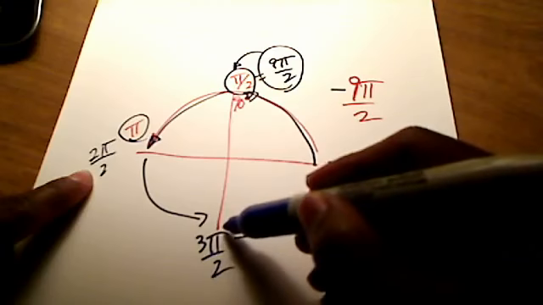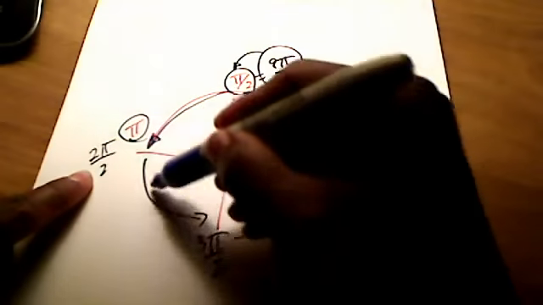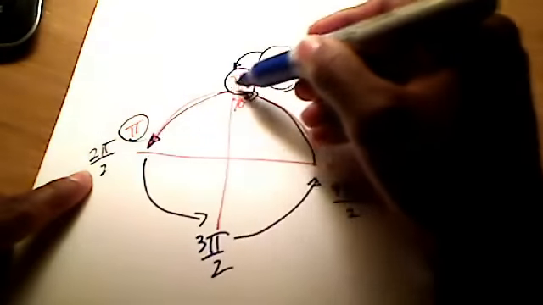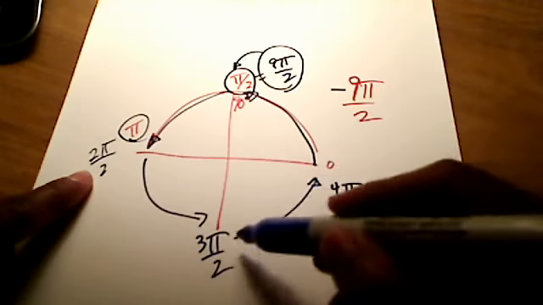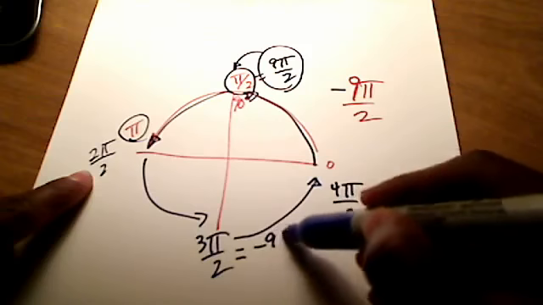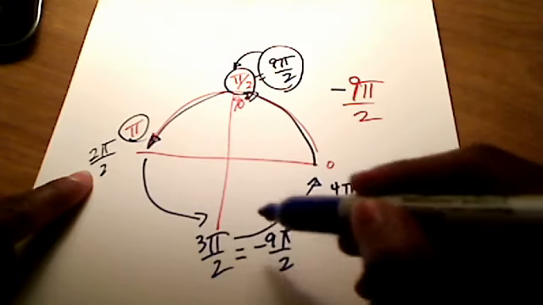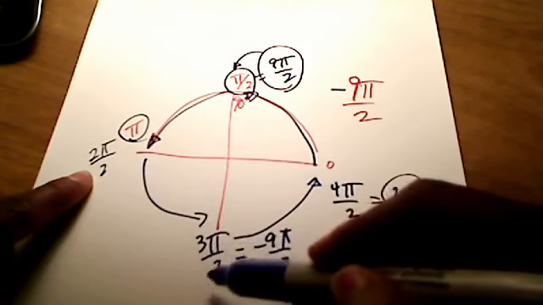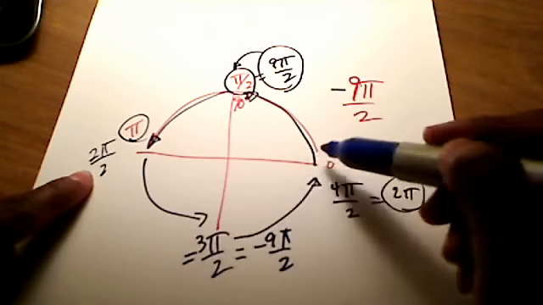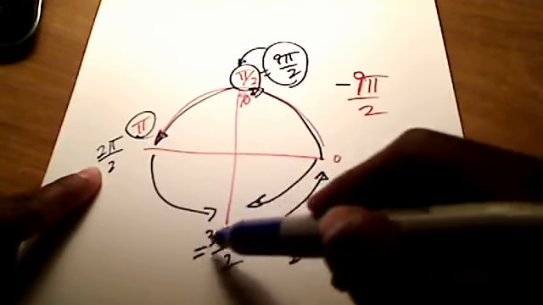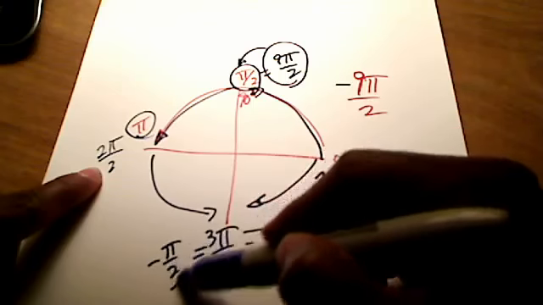This is negative 1 pi over 2, negative 2 pi over 2, negative 3 pi over 2, 4 pi, 5 pi, 6 pi, 7 pi, 8 pi, 9 pi over 2. So negative 9 pi over 2 is really the same thing as saying negative pi over 2. It's the same thing as going in this direction here. It lands me at negative pi over 2.